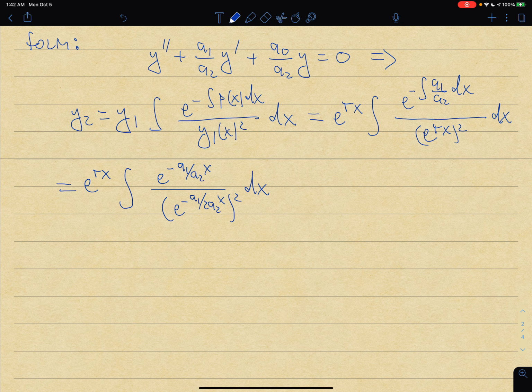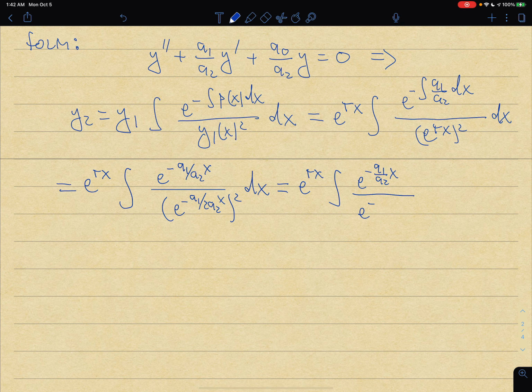But then if I take a square of the exponential, so e to the power something times x squared, I have to multiply the powers, and that will give me minus a1 over a2 x on the bottom, and a1 over 2a2 twice is again a1 over a2.